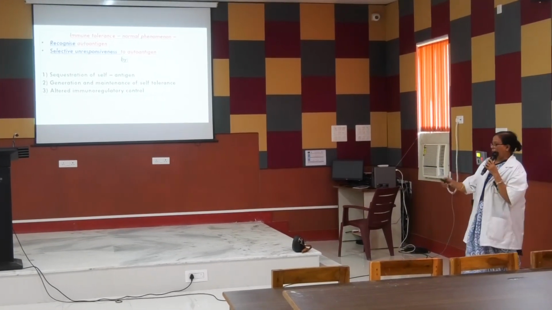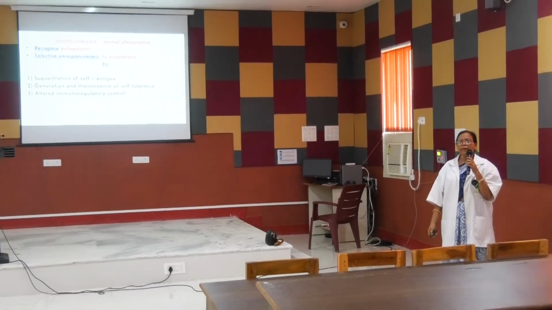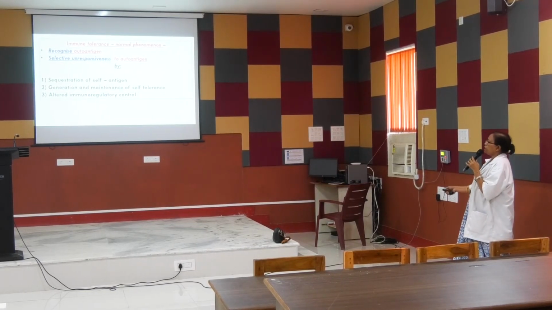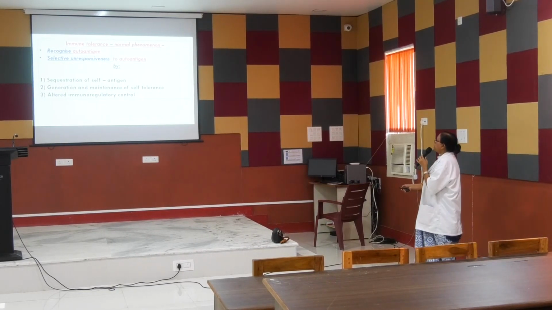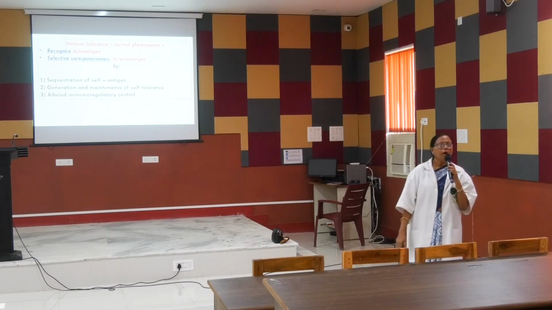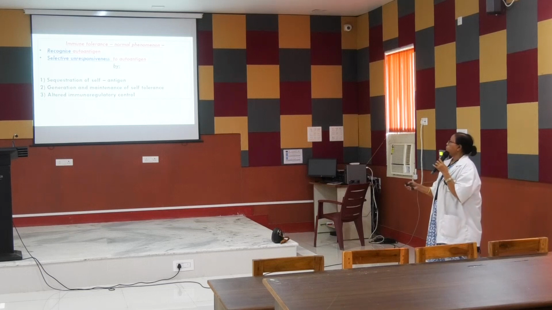How does this occur? It is by sequestration of the self antigen. We have the antigen, but they do not react. Why? Because of sequestration of the self antigen, generation and maintenance of self antigen, and immunological control mechanisms that alter the response. So this is tolerance.